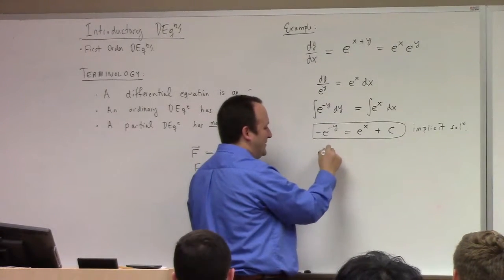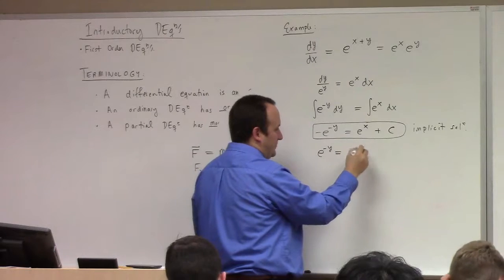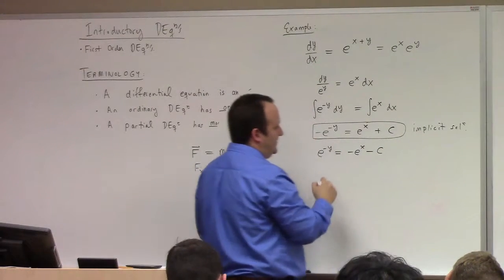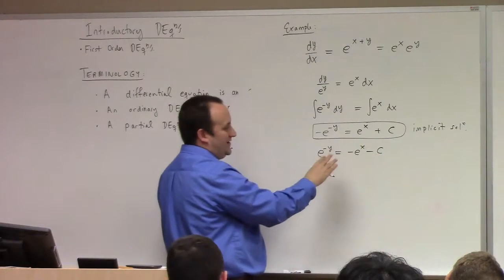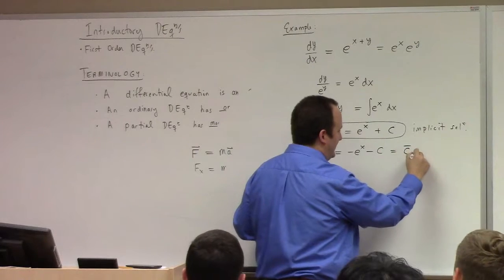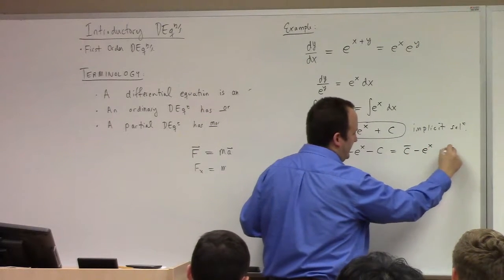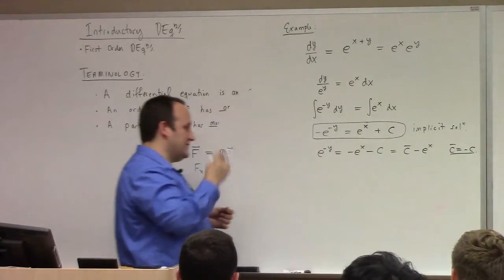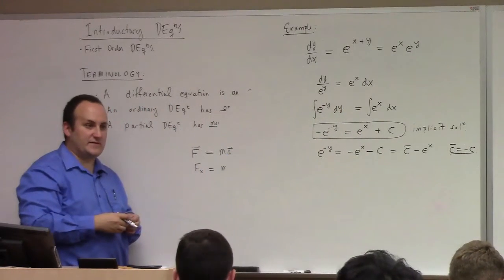So this is e to the minus y equals minus e to the x minus c. You're like, oh, but now this is negative too. See, that's just a matter of perspective. You could rewrite this as c bar minus e to the x, where you just let c bar equal minus c. See, c is an arbitrary constant, so you can repackage that thing however you like, pretty much.